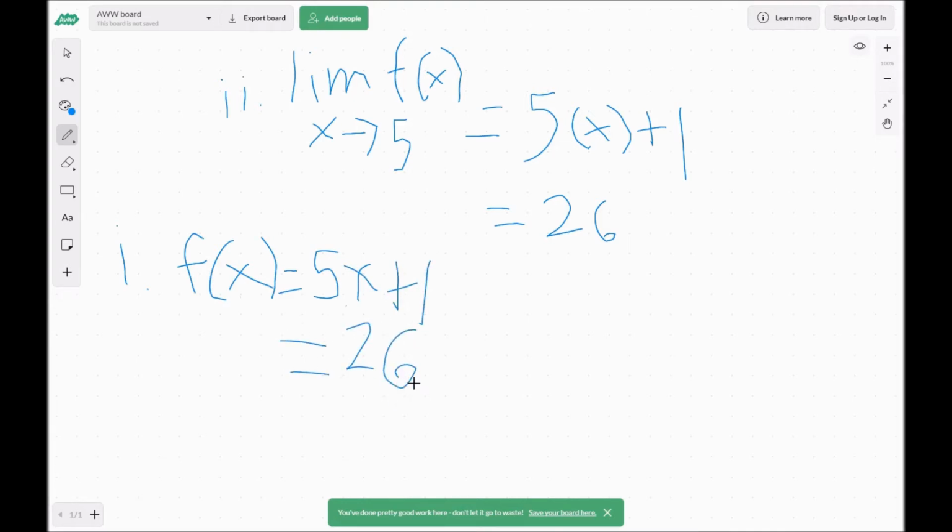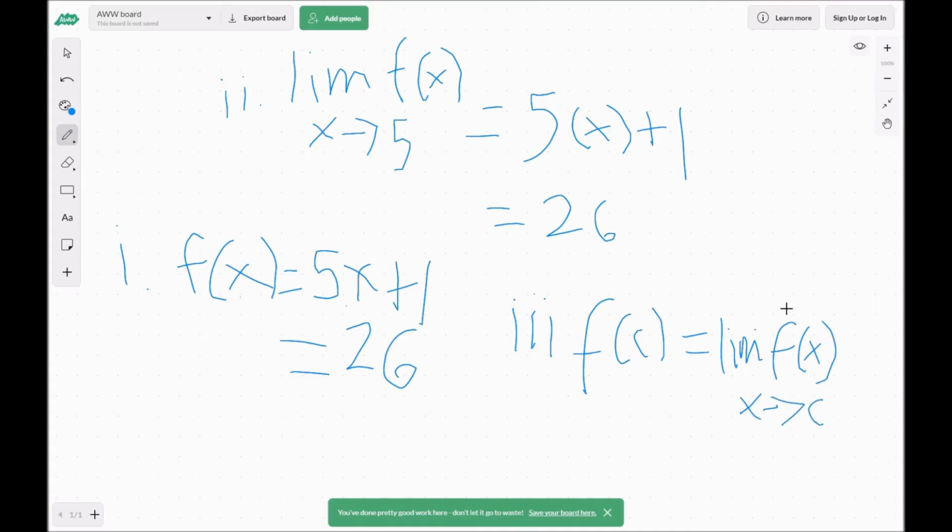I forgot to mention, there's a third condition. The third condition says that the first condition, which is f of c, just substitute the constant, and the next condition, which is the limit of the function itself as x approaches the given number, if those two are equal, the limit of f of x as x approaches c equals f of c.